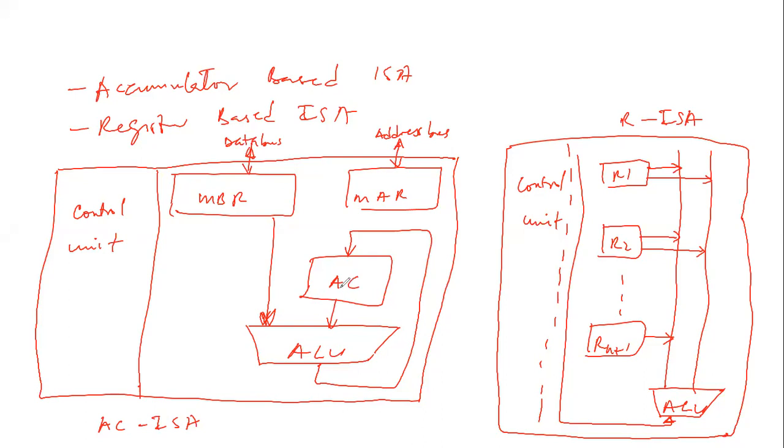So in order to process data, the data must be presented in this special register called the accumulator. The type of instructions the instruction set designer chooses is based on the functionality desired as well as the underlying architecture, okay? So here we have just one register, the accumulator, but in the register-based, we have multiple registers. That's a major difference, okay?